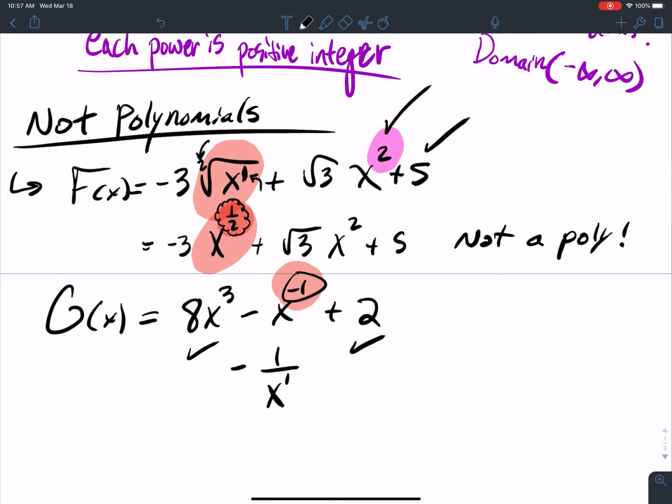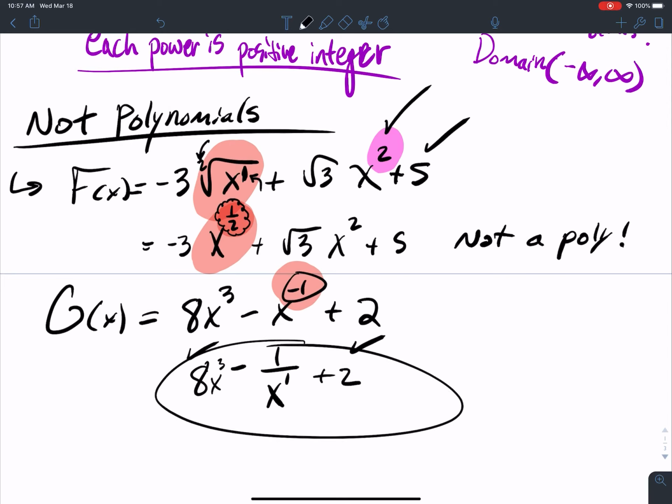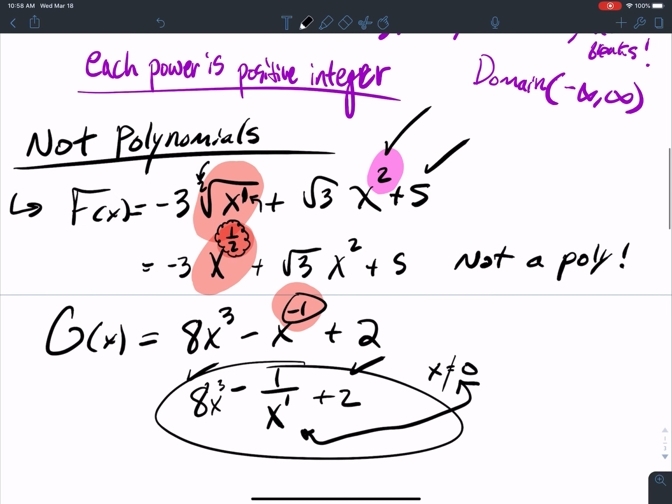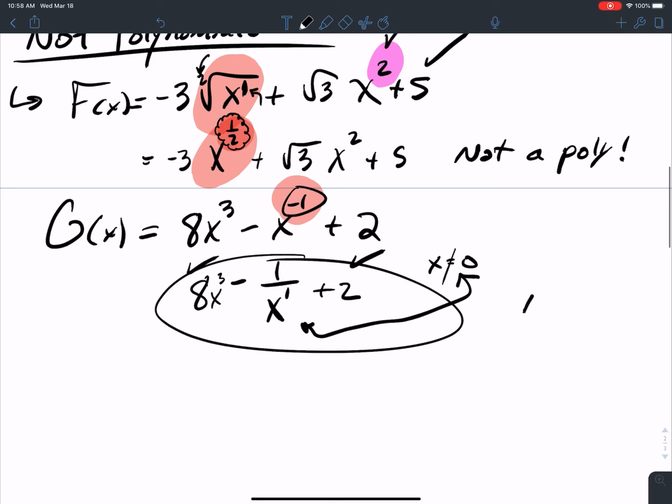If I were to graph this in my calculator, guess what would be a bad value for us? X equal to 0. Why? Thou shalt not divide by 0, right guys? So we can't divide by 0 here, so 0 is not in our domain. That directly contradicts our idea for polynomials, so not a polynomial. Okay, not a polynomial.